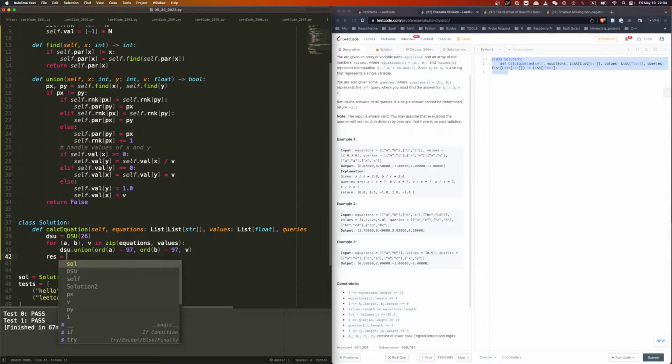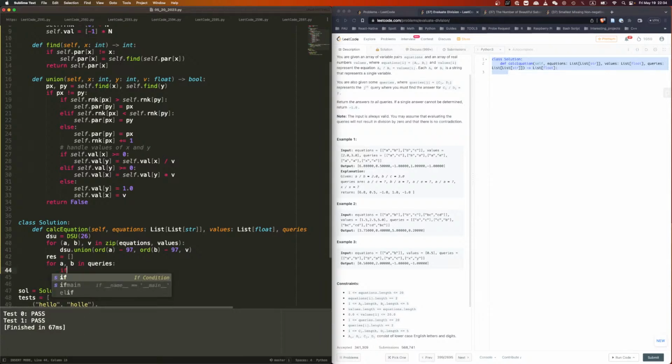Then we say res equals this. And for query A, B in queries as well, right? If self.find A is not equal to self.find B, which means they do not belong to the same group, then res.append -1, right?